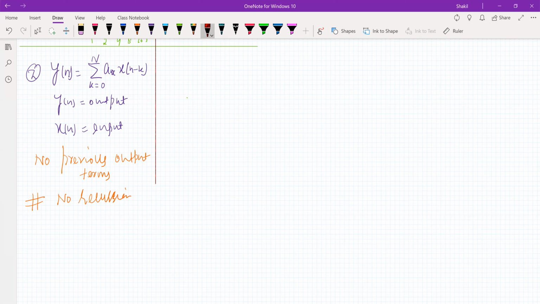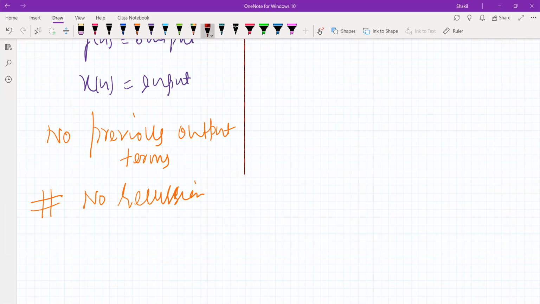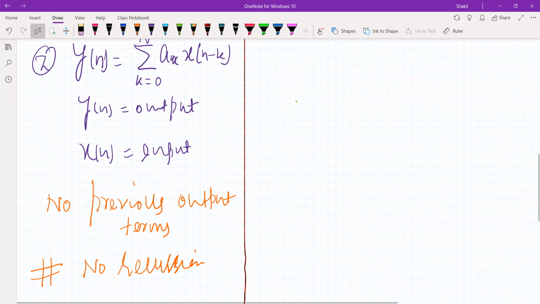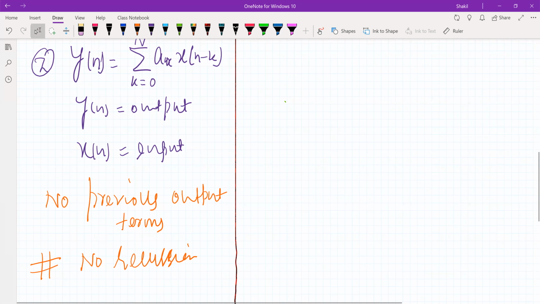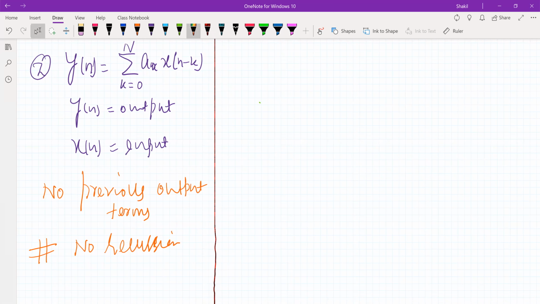In an FIR system, there is no recursion. So there are no output terms involved in the difference equation. This is the difference equation that describes an FIR system. Now, same way, an IIR system is described by this difference equation.